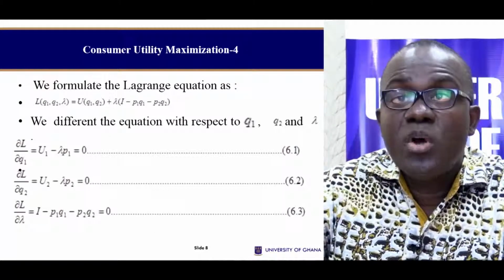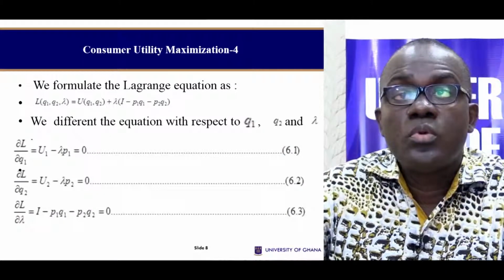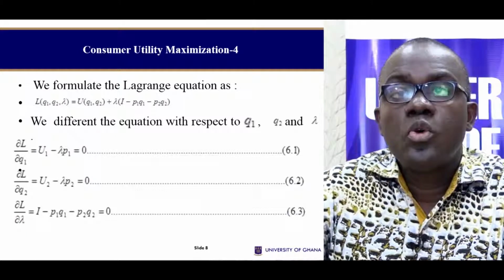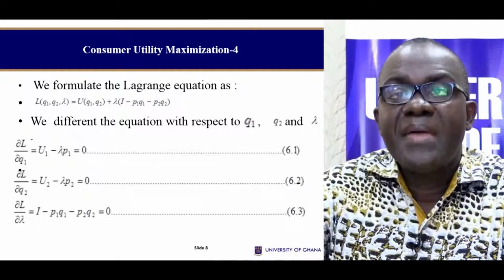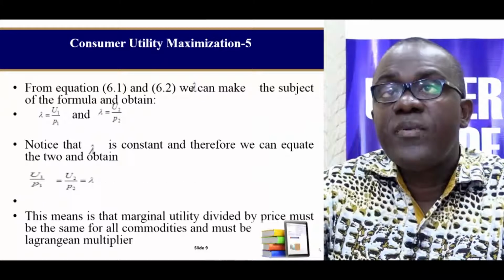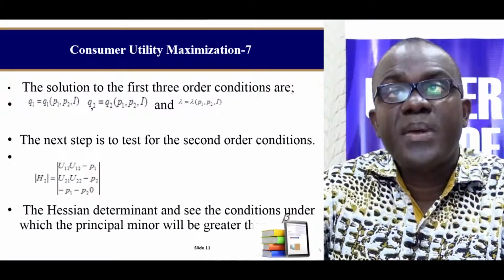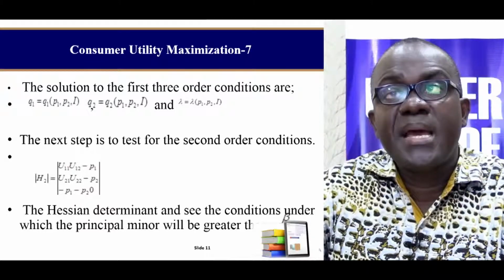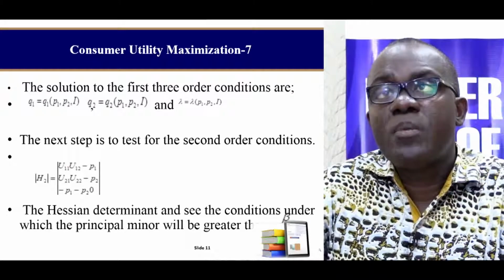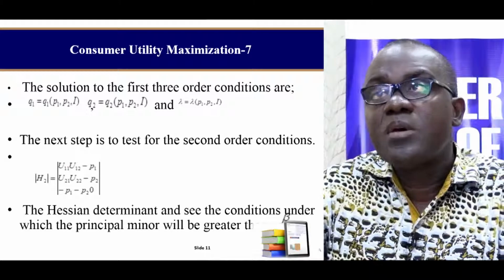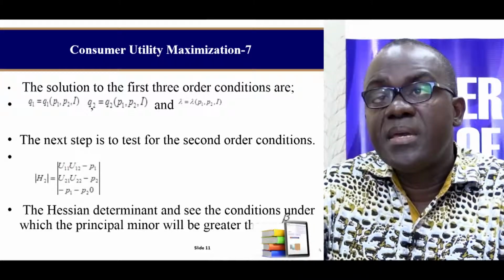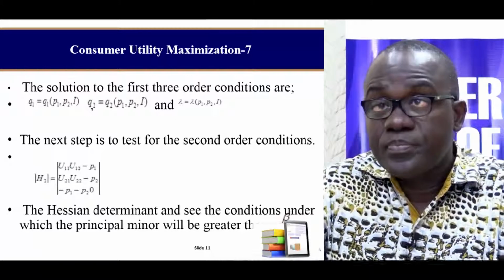We can always solve for Q1 and Q2, and Q1 and Q2 will be in terms of P1, P2, and then the income. So if we assume that this is the solution, Q1 will depend on P1, P2, and income. Q2 will also depend on P1, P2, and income. Also, lambda will also be in terms of the same variables.